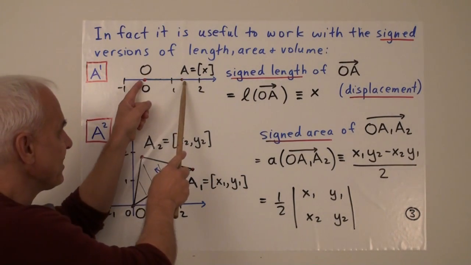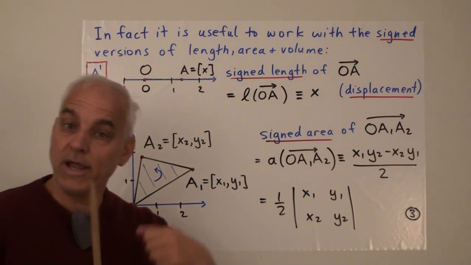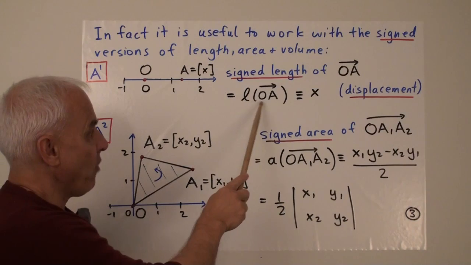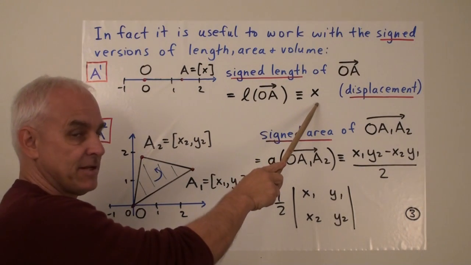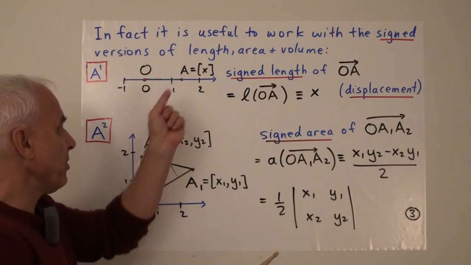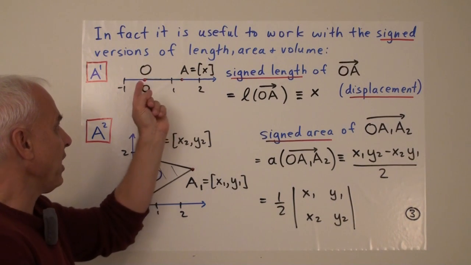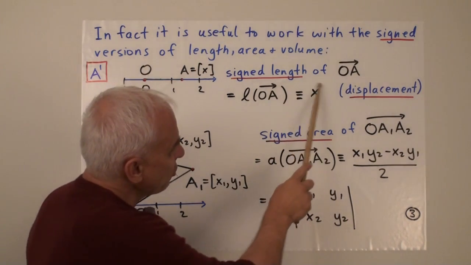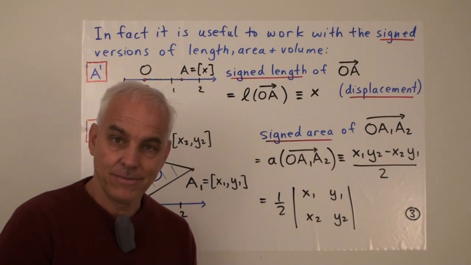Then we can define the signed length of this oriented segment to be the length of OA, which is just x. More generally, it would be the difference between the x-coordinate here and the x-coordinate here. So this notion is purely algebraic.